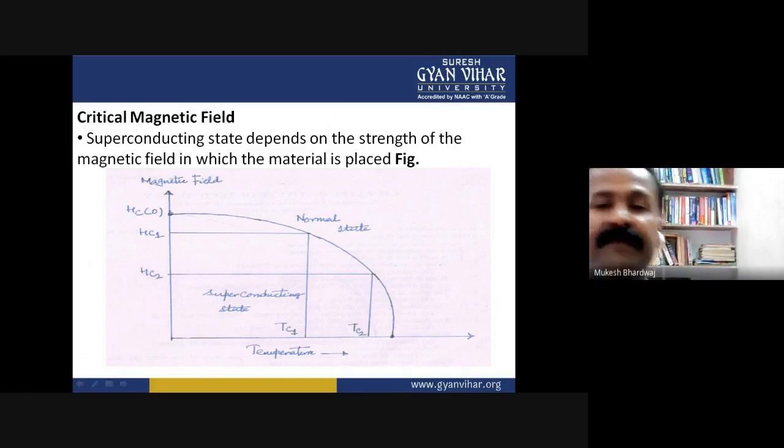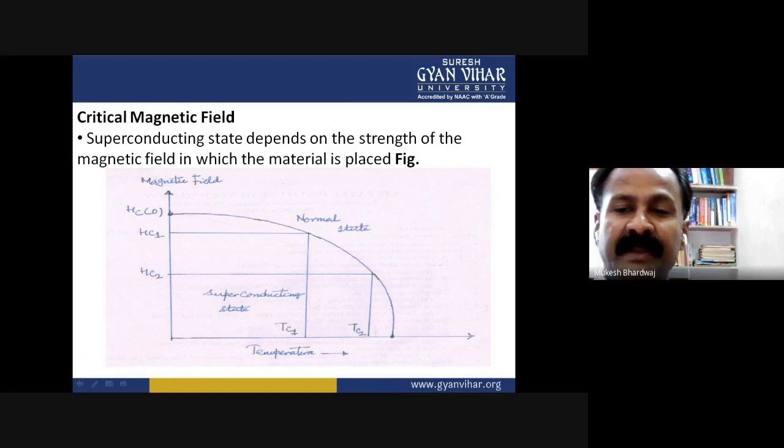The magnetic field which causes a superconductor to become normal from a superconducting state is not necessarily an external applied field. It may arise as a result of electric current flow in the conductor.